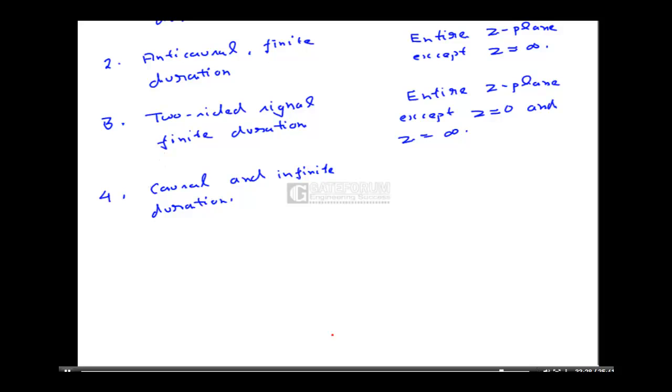Okay, then the region of convergence will be outside a circle of radius r.